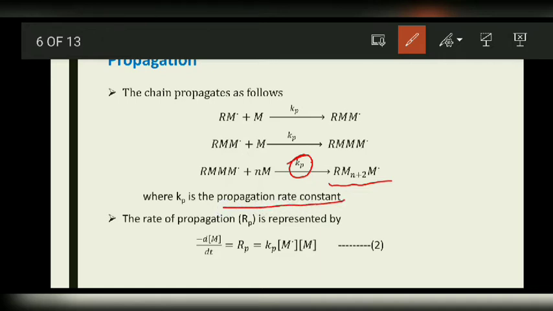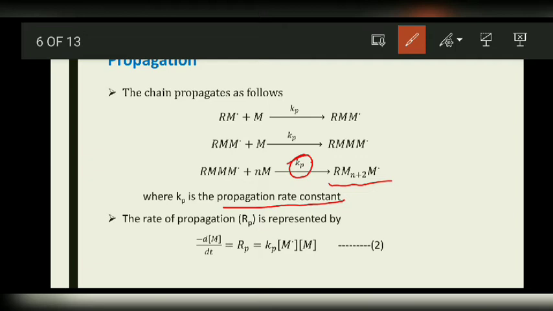The rate of propagation, Rp, is given by -d[M]/dt, the rate of change of monomer concentration, which is equal to Kp times the molar concentration of M dot.